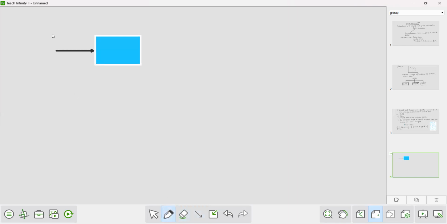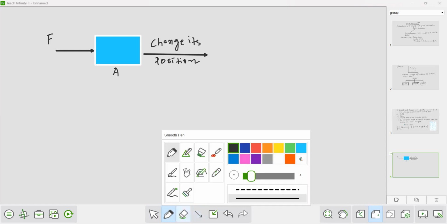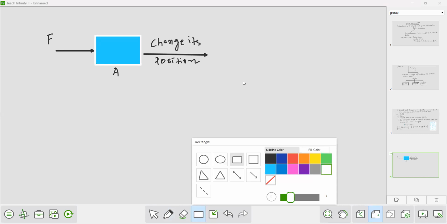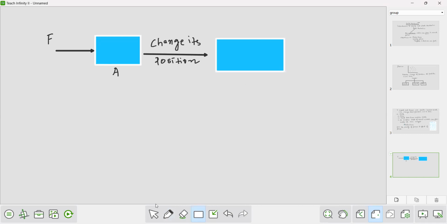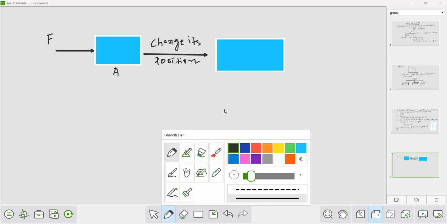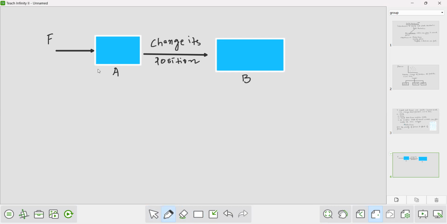You applied a force F. This block may accelerate. This block may change its position. If this was its original position A, now its position will be this one. Now if we consider this point as B, what happened?